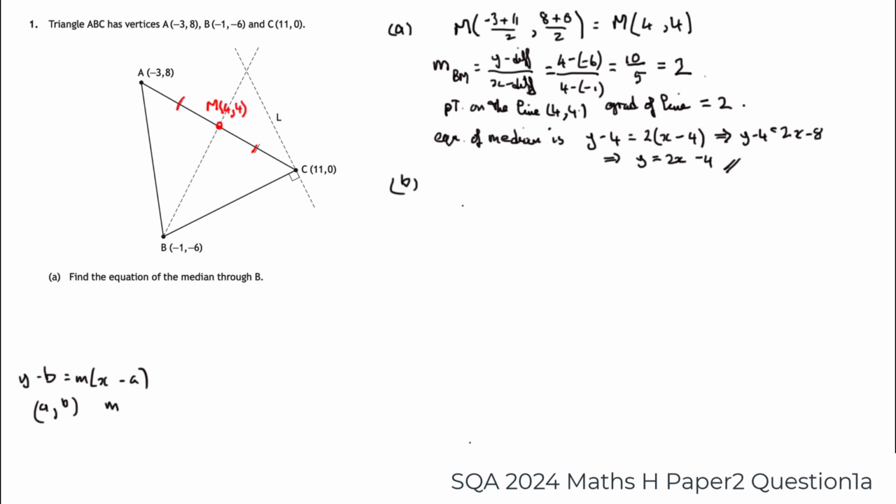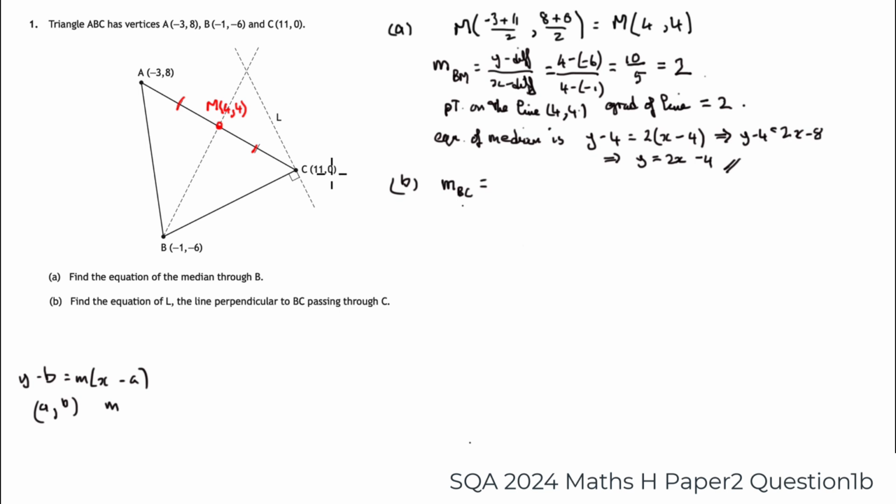So let's move on to part B. And this time we're asked to find the equation of this line L, and we're told it's perpendicular to BC and it passes through C. So again, we know a point on the line, and its gradient, since it's perpendicular to BC, we should find out the gradient of BC first of all.